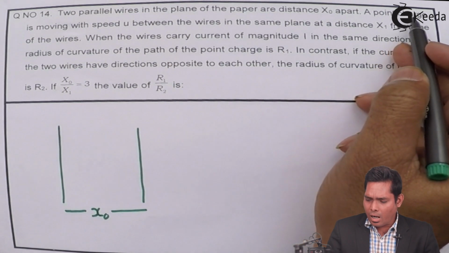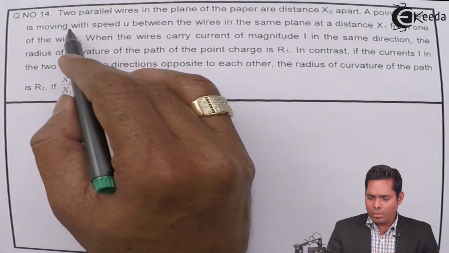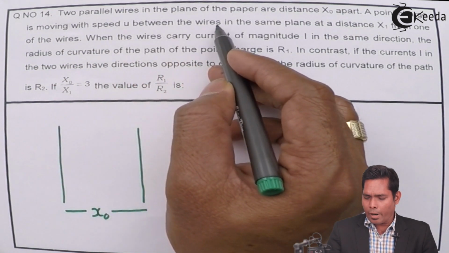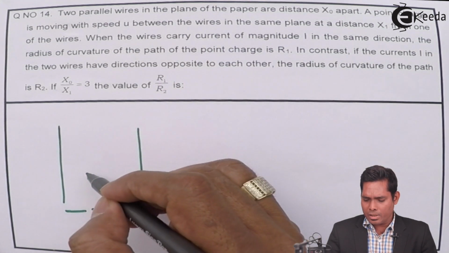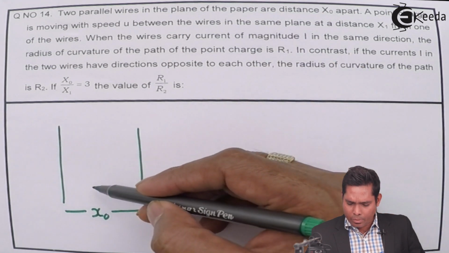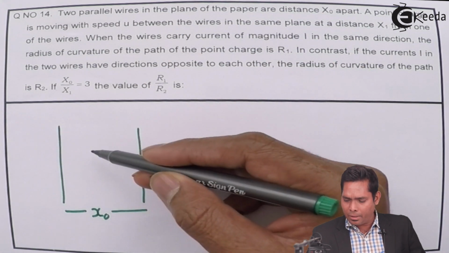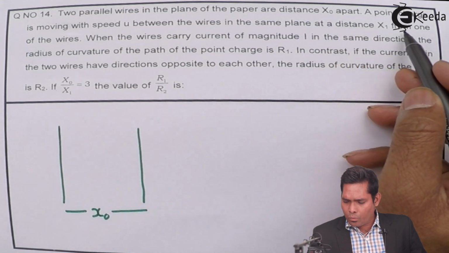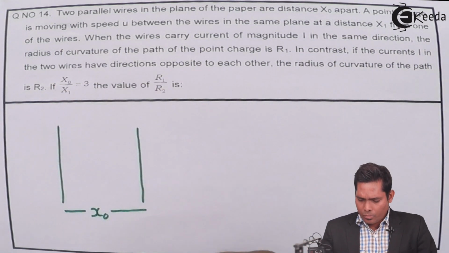A point charge is moving with speed u between the two wires. So between the two wires there is a point charge which is moving in the same plane, like this or this, at a distance x1 from one of the wires.